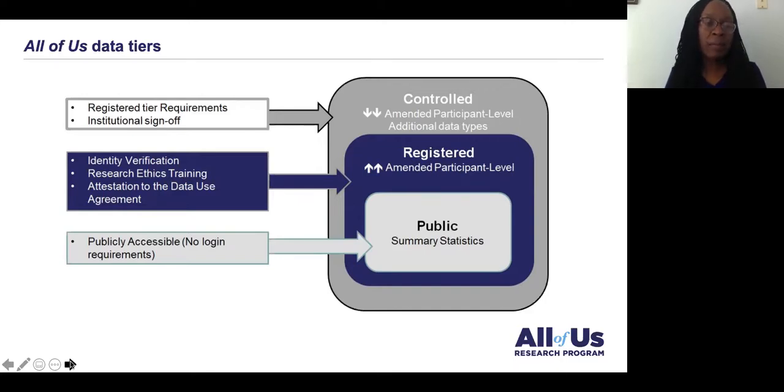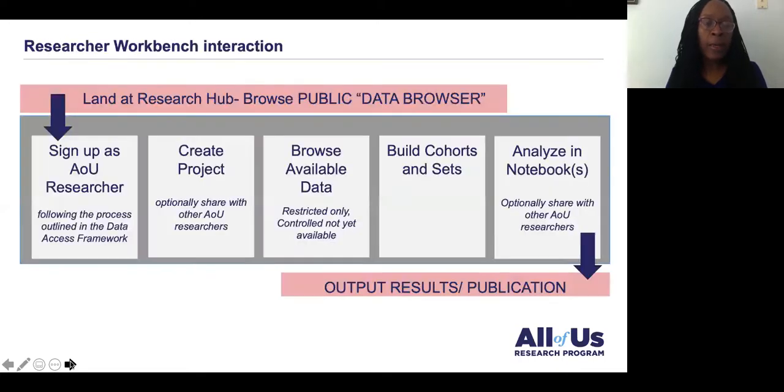They have to test, and sign an agreement that they will use the data appropriately. And so how do you access this? You sign up. You can sign up as an All of Us researcher. And if you don't have the data access privileges, you can collaborate with investigators that already have that access. And then you can create a project and you build cohort sets.